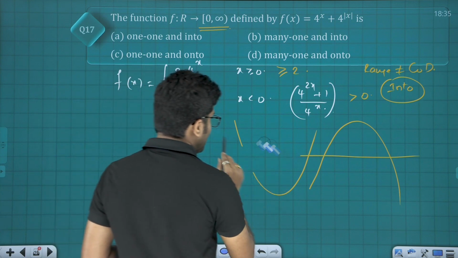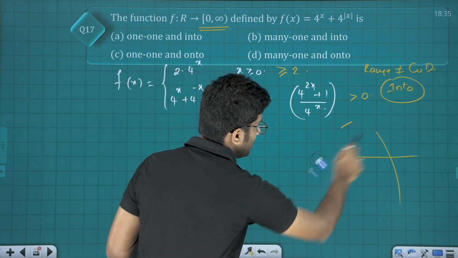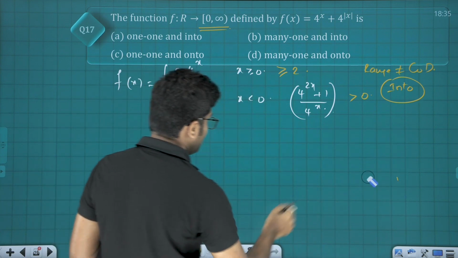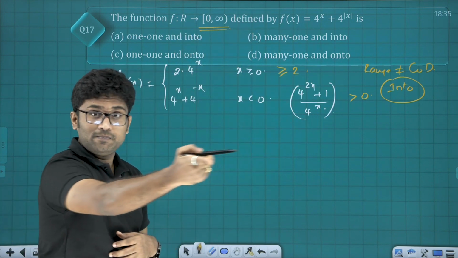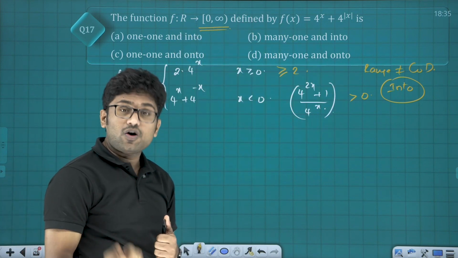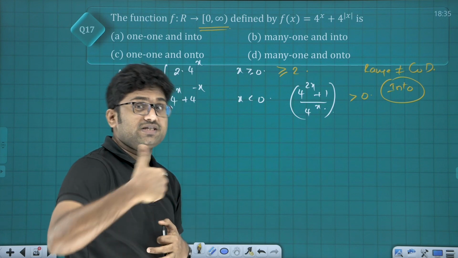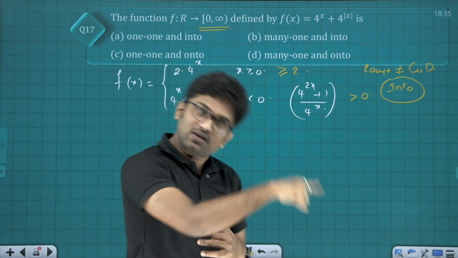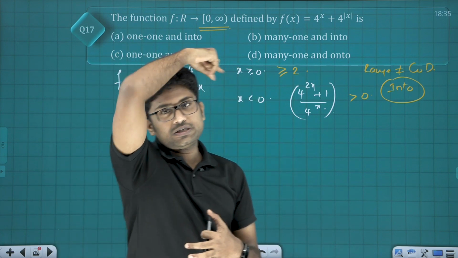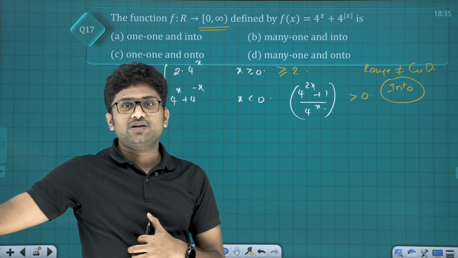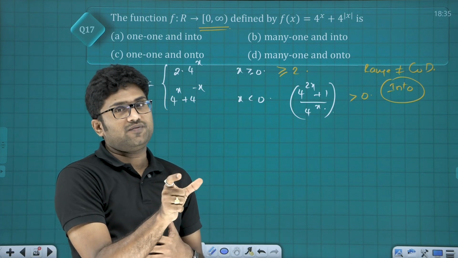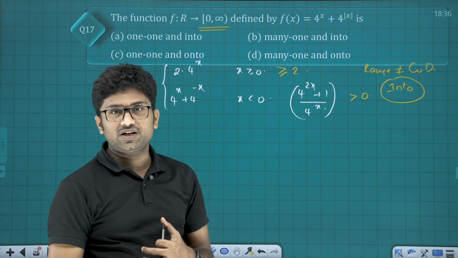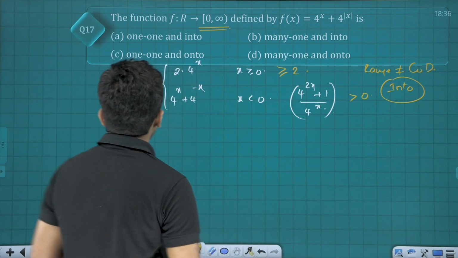Now in these two cases, let's see, in the domain from minus infinity to plus infinity, whether it is only increasing, only decreasing, or increasing and decreasing. If it is only increasing, 1 1 function, or if it is only decreasing from minus infinity to plus infinity, again 1 1 function. But if in some part it is increasing and in some part it is decreasing, we'll see.